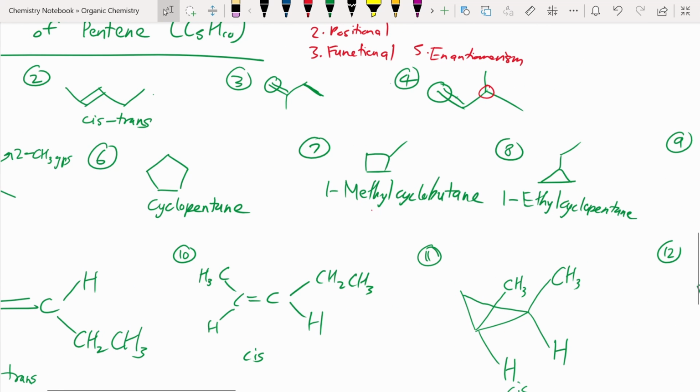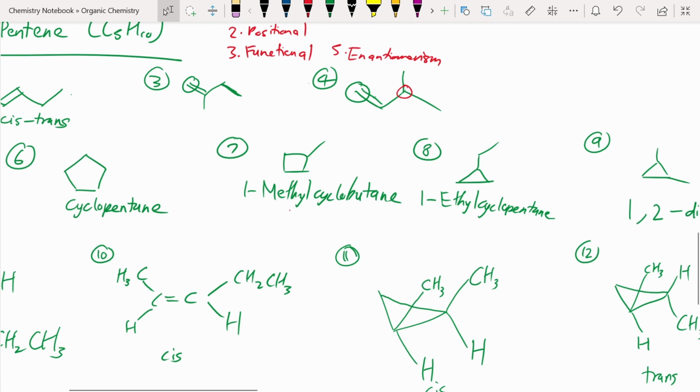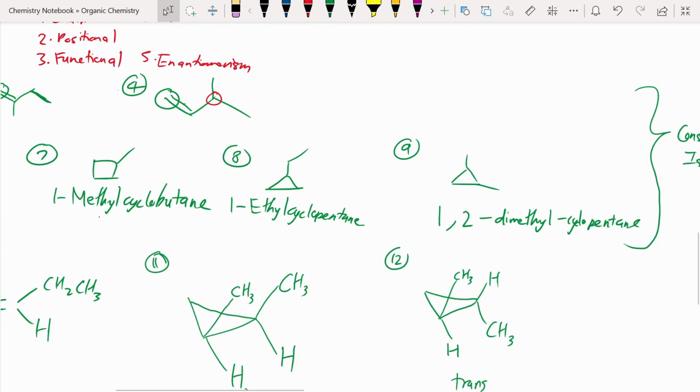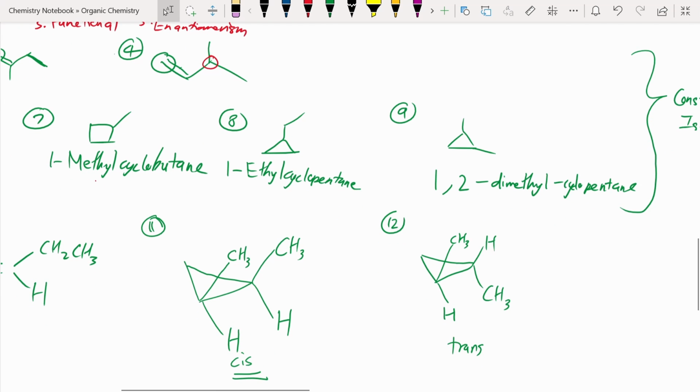Then for isomer 6, also cannot, because each carbon is already bonded to two hydrogens. For 7, you have a methyl group, you have a hydrogen at the bottom here, and then this carbon is bonded to CH2, CH2, CH2, and CH2, CH2, CH2.